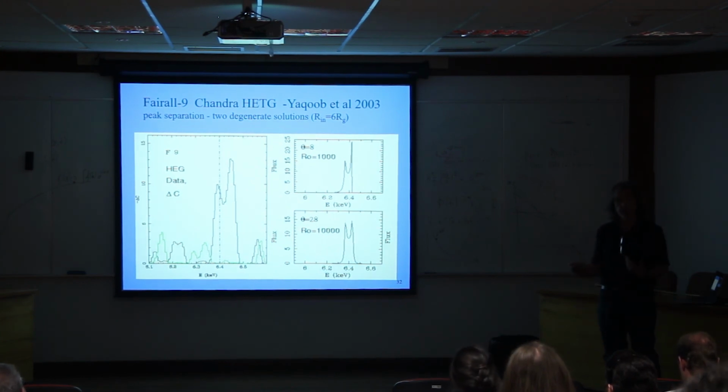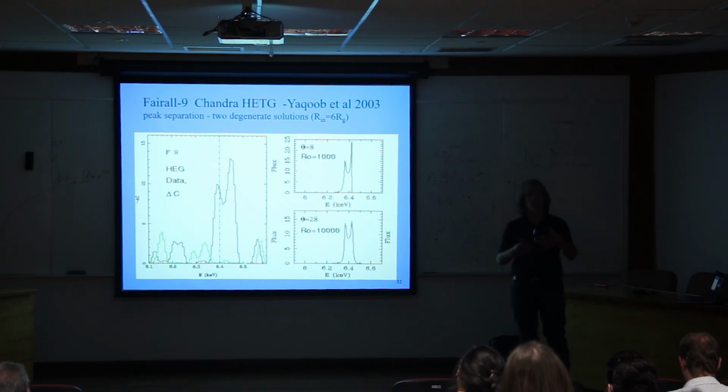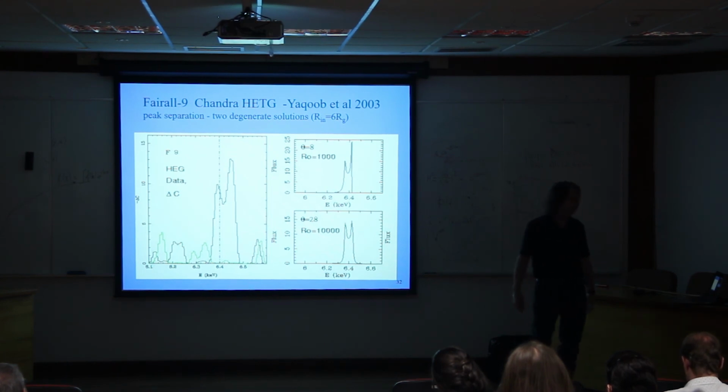But the data weren't good enough, and his ability to determine the angle of inclination wasn't good enough to really sort this out. And actually, an object like Fairall 9 doesn't really have any extended radio jet or extended narrow line region, because it's pointed in a way that those things are foreshortened. And so you really have a hard time figuring out the inclinations. It's kind of face on, but it's hard to tell.